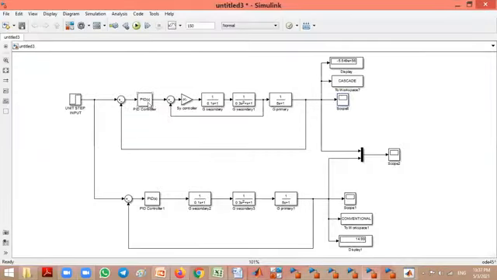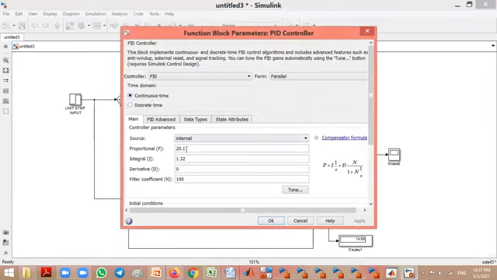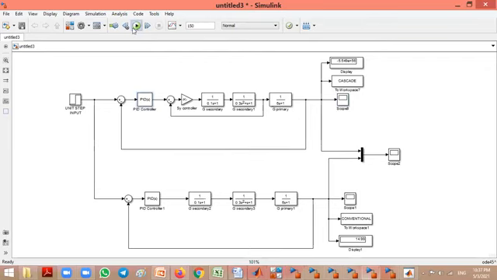There's something wrong. We'll try with some lower gains. For 150 it is not settling, so 200 you put.